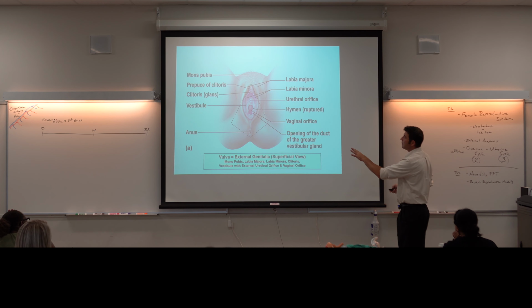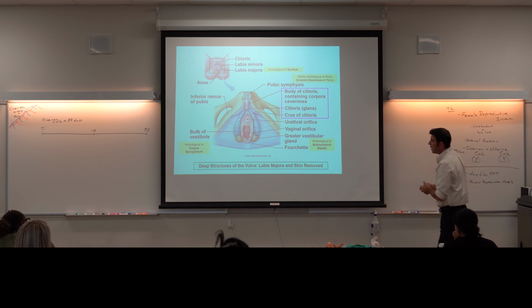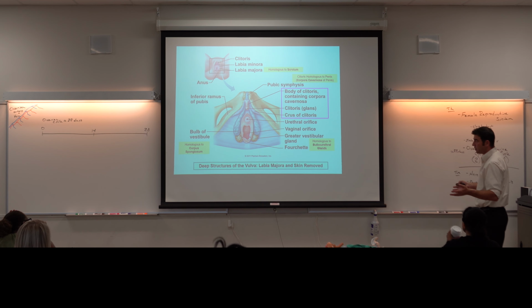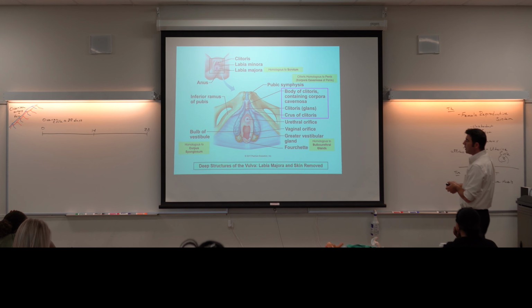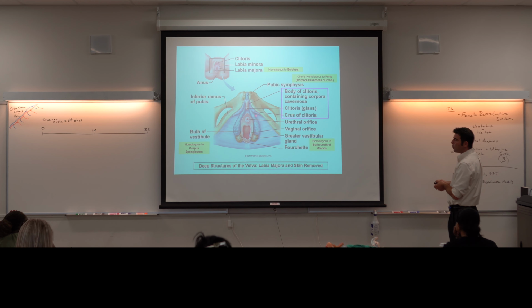In fact, if we could remove the skin and look underneath to the patches of erectile tissue that are homologous to the patches of erectile tissue in males, we said this clitoris in females is homologous to the corpora cavernosa in males, those dorsal patches of erectile tissue. Then we can see the urethral orifice.